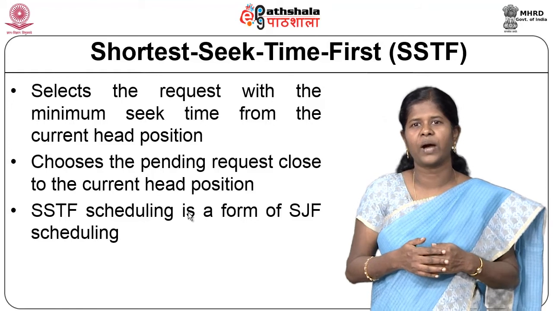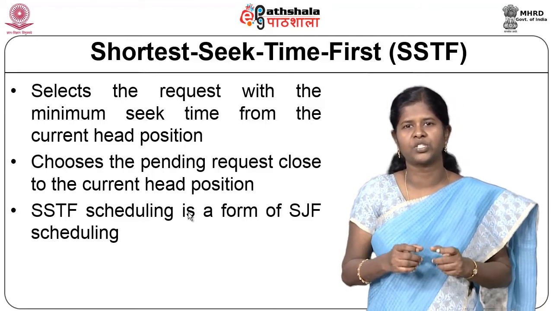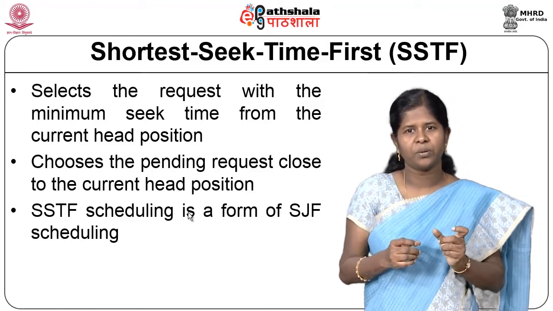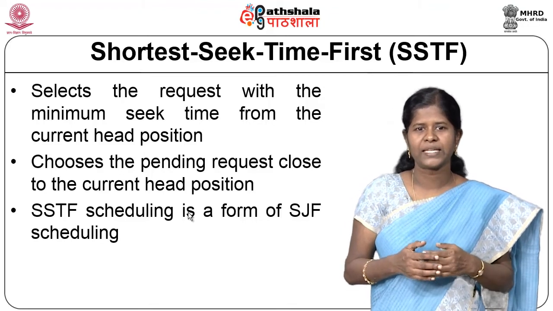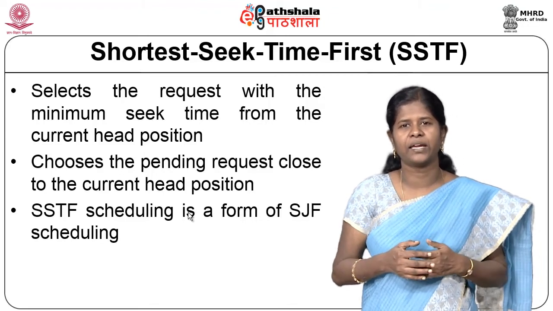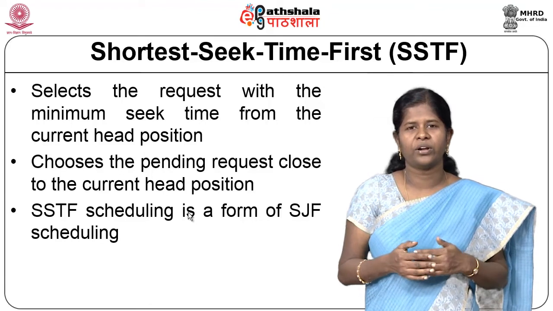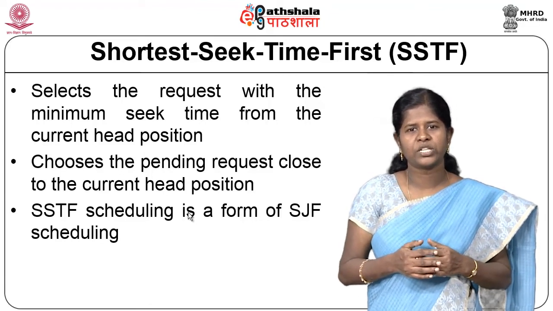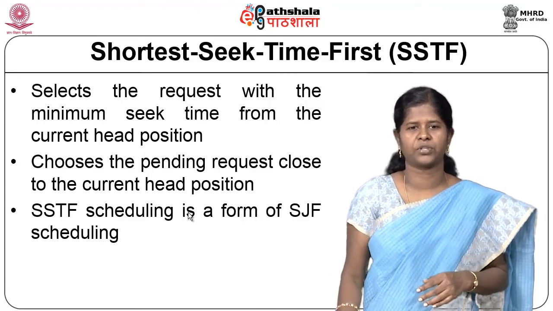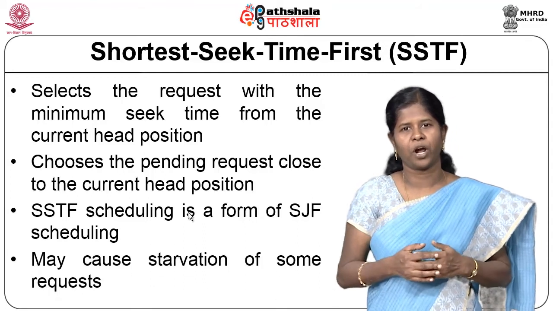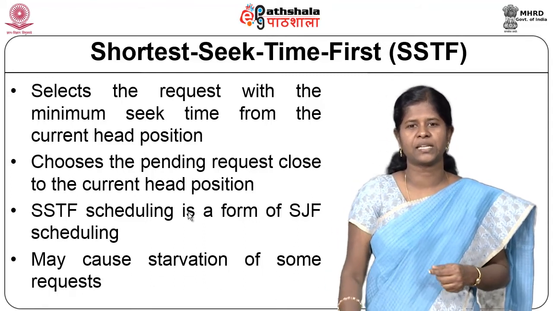There we try to assign to the CPU the job which has the shortest burst time. Very similarly, here you are trying to service a request which is close to the current head position. But the problem here is that it can result in starvation.